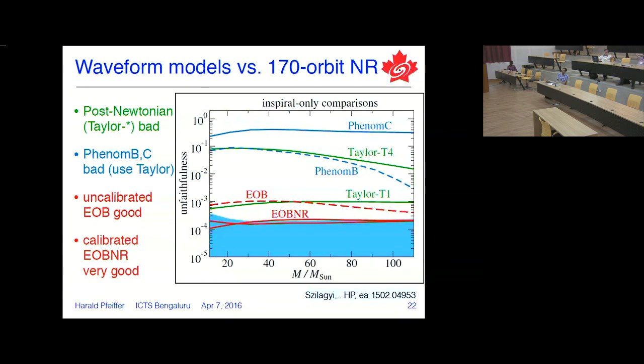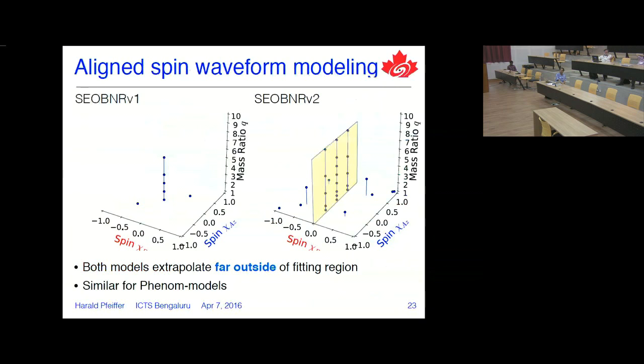Switching over to aligned spin waveform modeling, I'm showing here the parameter space of the numerical relativity waveforms that were used for modeling for two of the important EOB and R waveform models. As you can see, the V2 has much bigger support in terms of numerical relativity, but there are still only very few simulations that have spin in them that were used for fitting those waveform models.